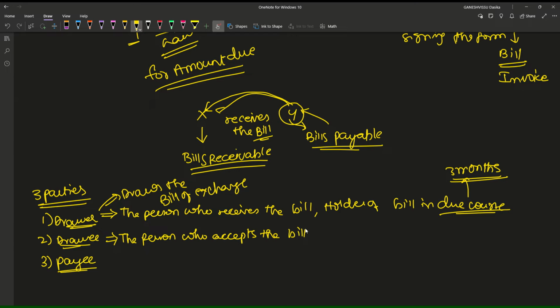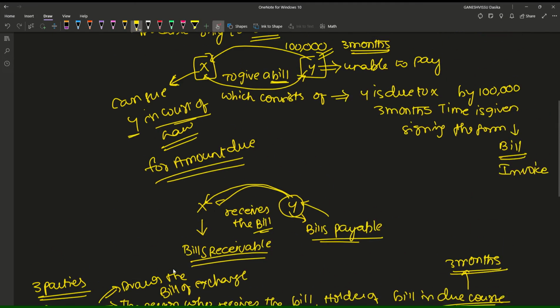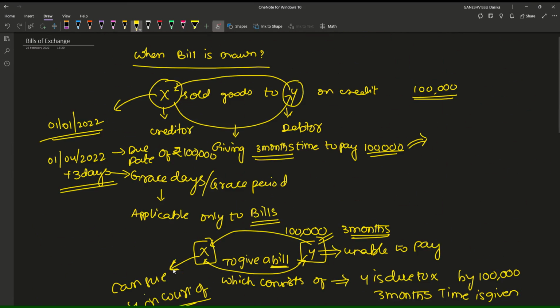The person who accepts the bill is called drawee, and he is the one who is payable. Payee is the person who finally receives the amount. These are the three parties which would be there in these bills of exchange, right?